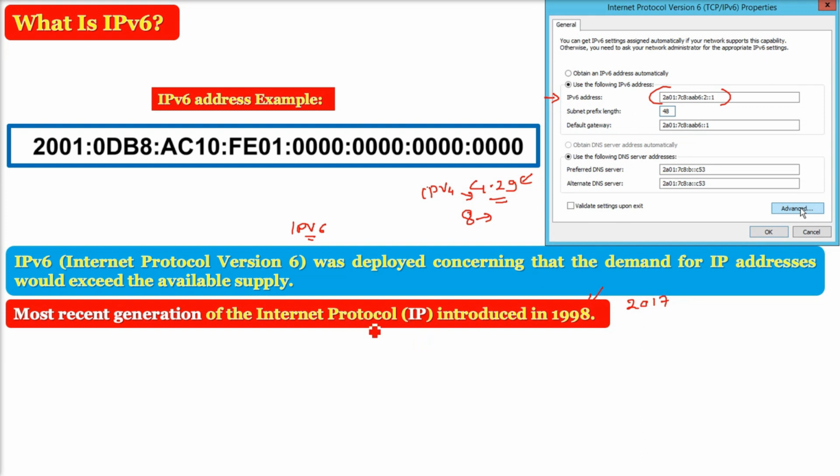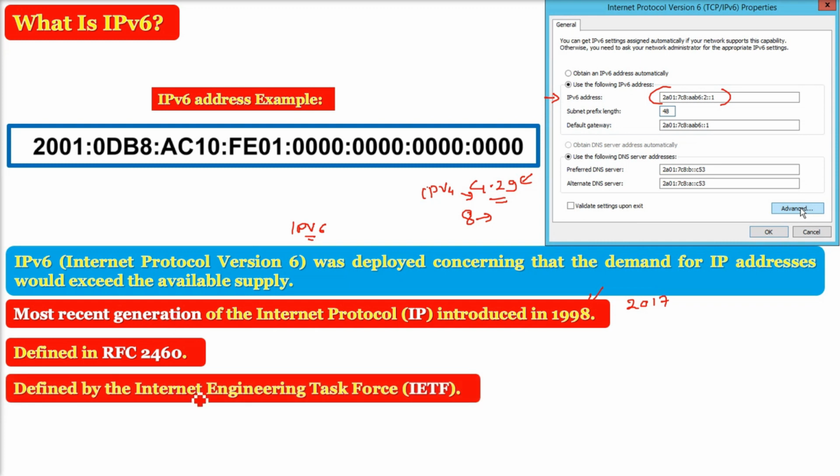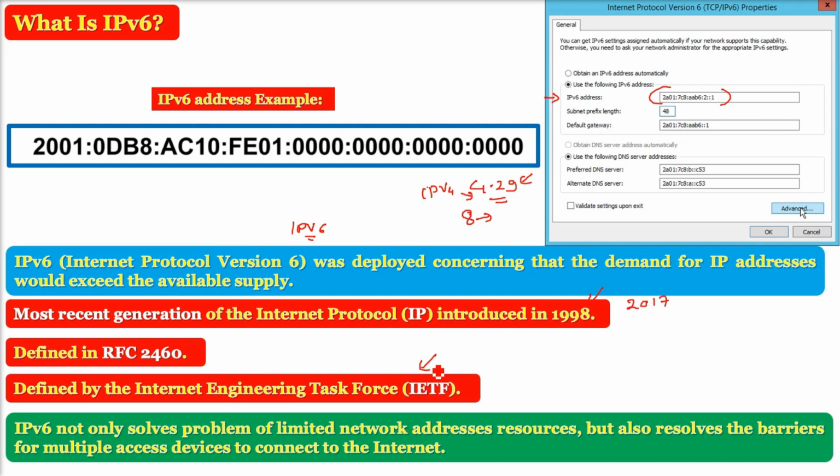Basically, it was agreed on at the IETF in 1998. It is defined in RFC 2460, by the IETF, the Internet Engineering Task Force, and that is how we got the 1998 year. IPv6 is not only solving the problem of limited network address resources, which was the problem with IPv4, but is also resolving the barriers for multiple access devices to connect to the internet.